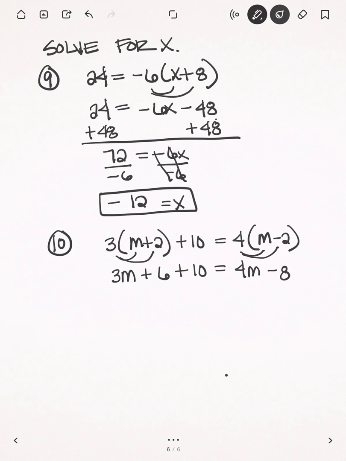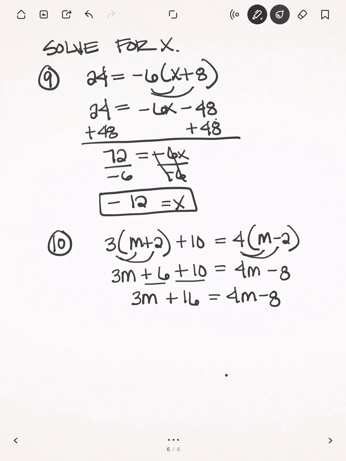All right, I got rid of the parentheses. Now I'm going to collect like terms. Well, on this side I just have a 3m, but I do have these two, which I can add together. Those are like terms. I get a +16 equals 4m minus 8.